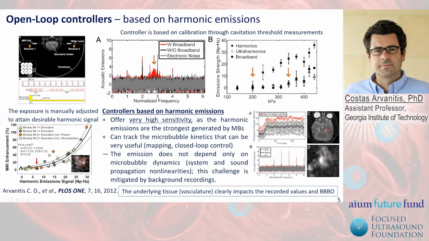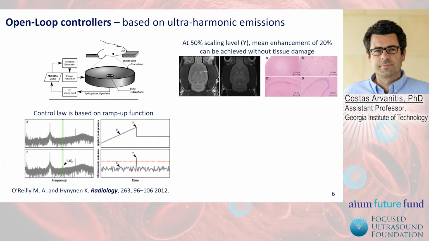Harmonic emissions may be generated by the system or sound propagation nonlinearities. And this imposes significant challenges in comparing the emissions across different labs, different instruments, and sometimes even across different targets. Although this challenge can be mitigated by background recordings, this is an issue that needs to be addressed every time harmonic emissions are used.